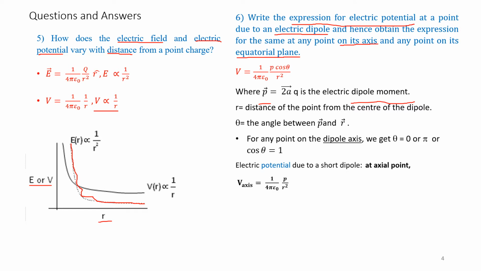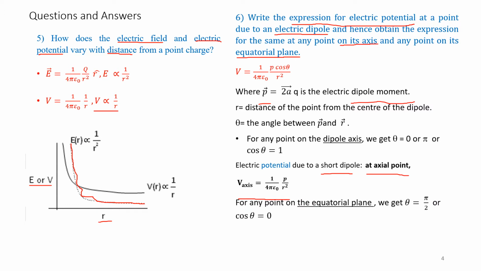Therefore, at the axial point, V axial is given by P by R square. Hence, R, which was due to a point charge, has become R square in the case of a dipole. So, for a short dipole at an axial point, the equation is V axial is equal to 1 over 4 pi epsilon naught P over R square.